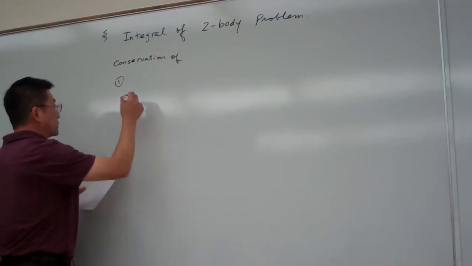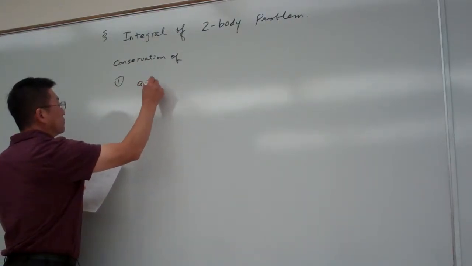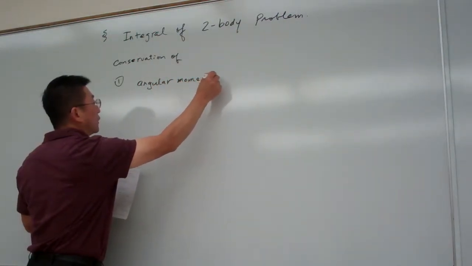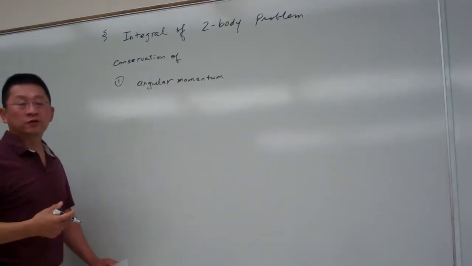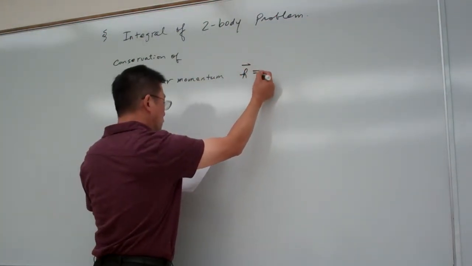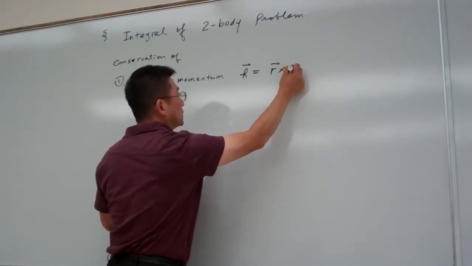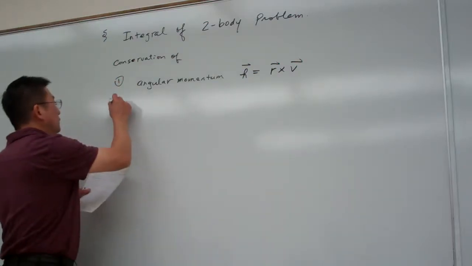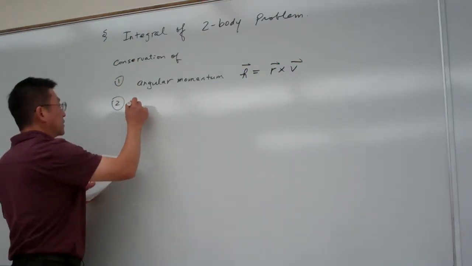The first one is the angular momentum. And here I give you a summary of what we're going to develop today. And so all the notations will be explored today. And the second one is the eccentricity.